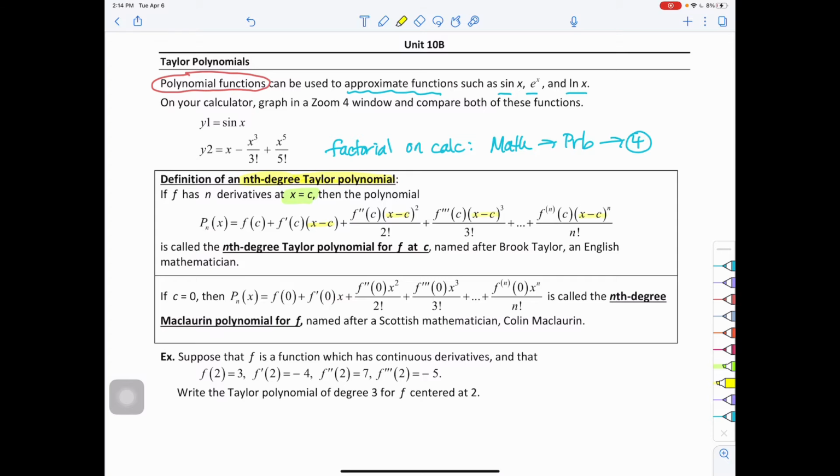Now x minus c would be x minus that center, and we're going to be talking about c as the center. Okay? So all of them have that term. Now watch this. The function itself, the first derivative, the second derivative, the third derivative, and the nth derivative, okay? So we continue to take the derivative and evaluate it at c.